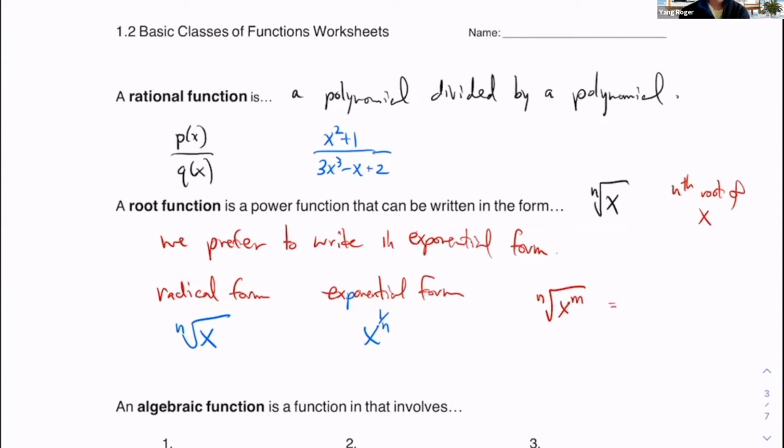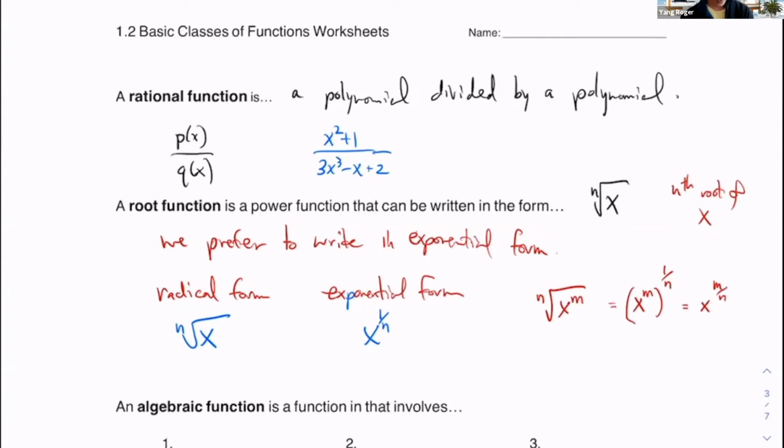Hopefully that doesn't intimidate you. We can write it like this. We know that the inside part is just x to the m. And then we can raise it to the nth root, so that's just 1 over n. Then we can multiply those together, so that's x to the m over n.